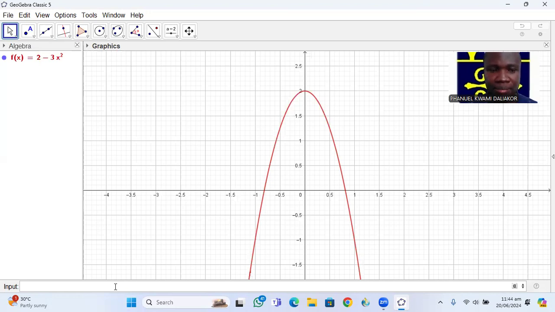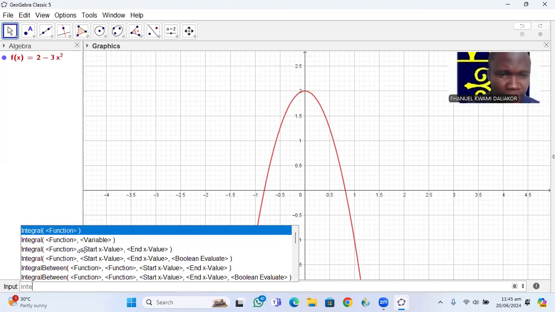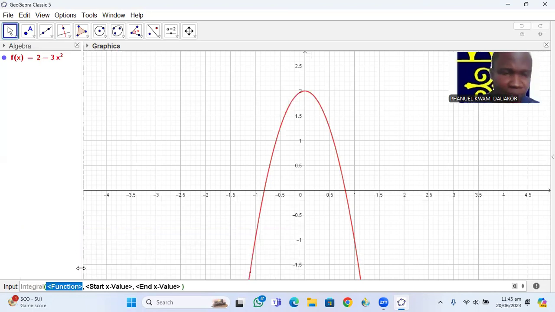So with that, I have to type integral, then my function is f, and my start value. So for now, I'll be dealing with, let's say, negative 0.5, and my end x value will be 0.8.